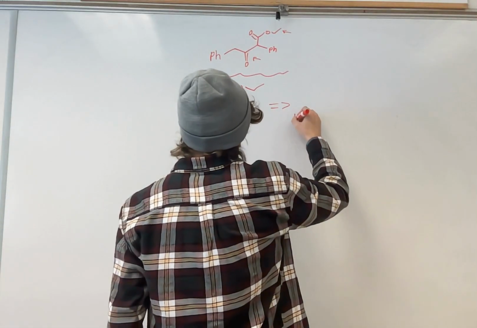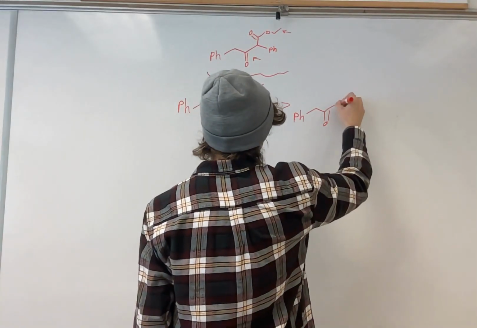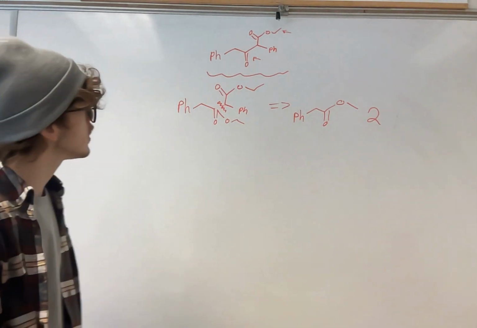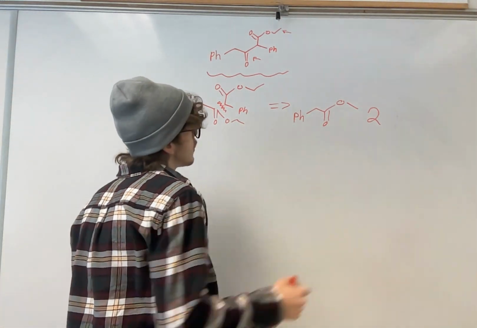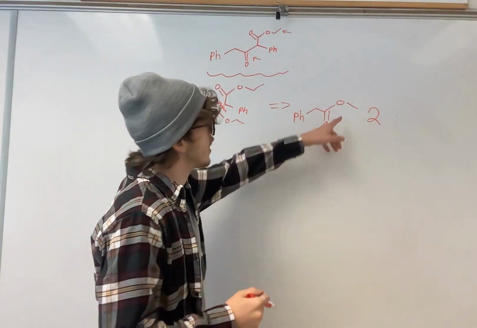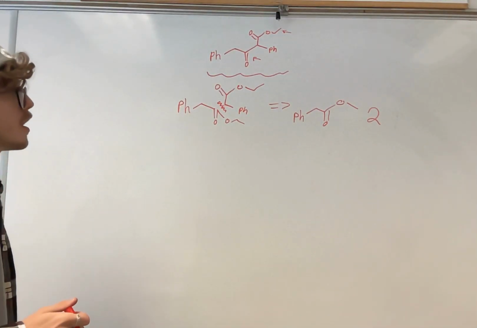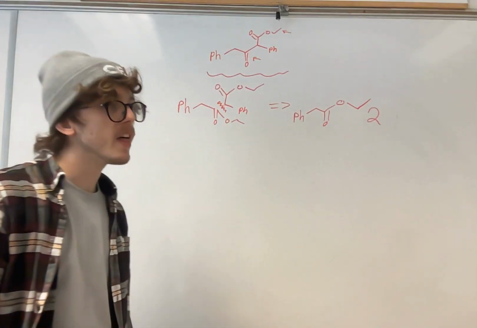So what we did to make this group here is we used 2 of these groups here, right? And then we took sodium hydroxide and the corresponding ethyl alcohol, or geez, it should be methyl.